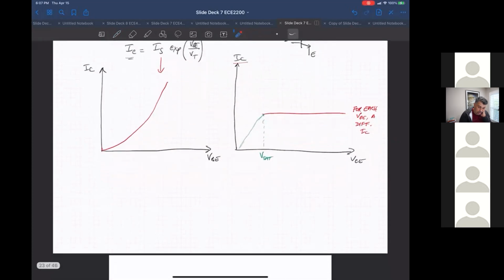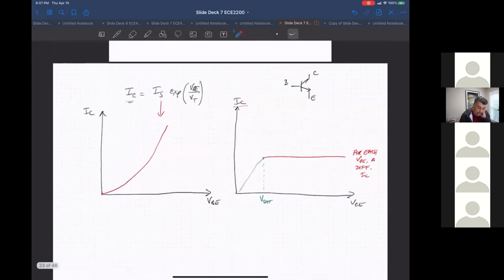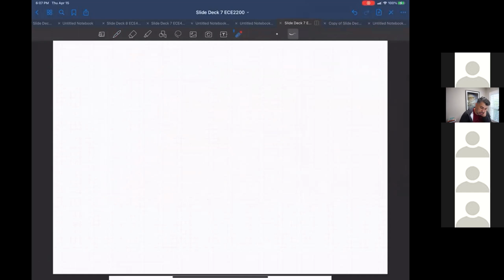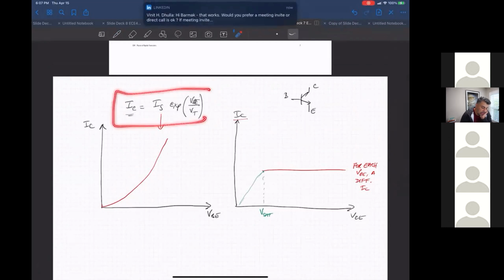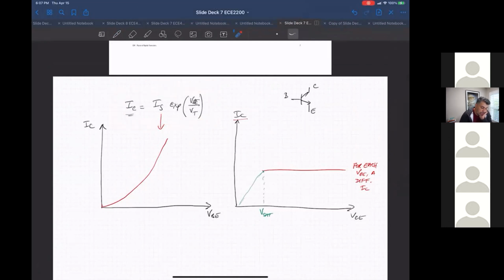Well, it turns out as a second order effect, it will change, because although writing this equation like this, it doesn't look like there's any dependence, there is a dependence on VCE hidden inside this I sub s.